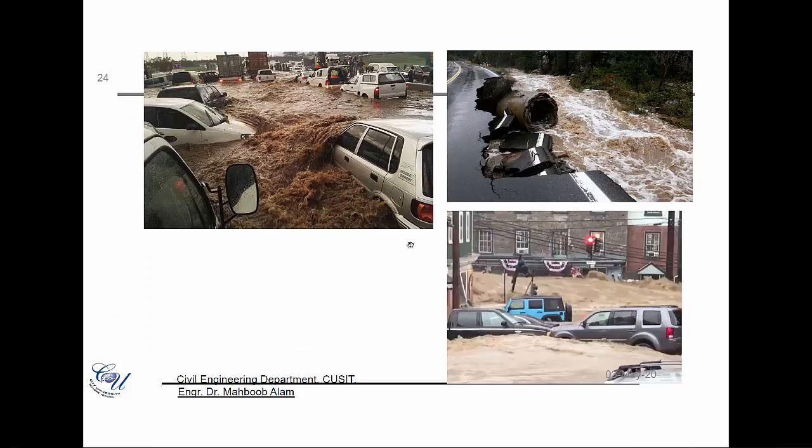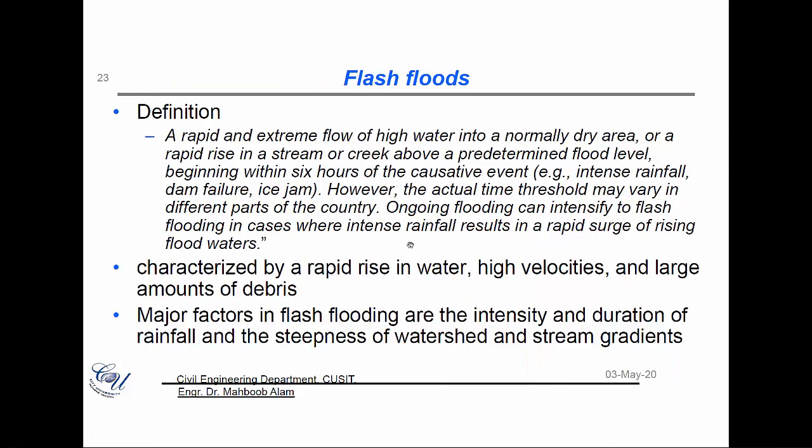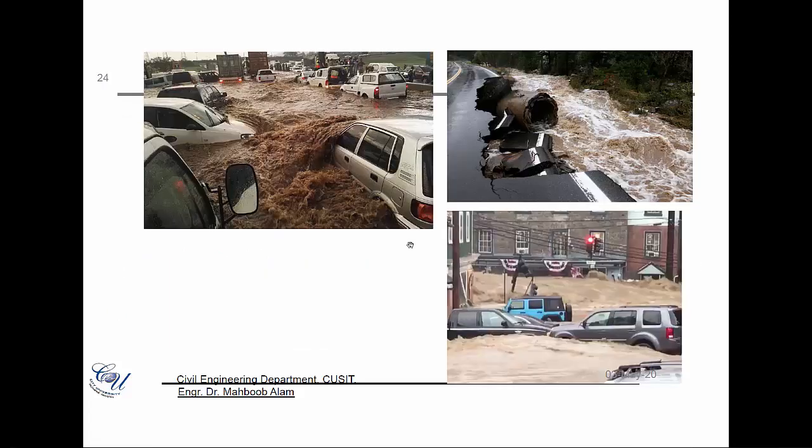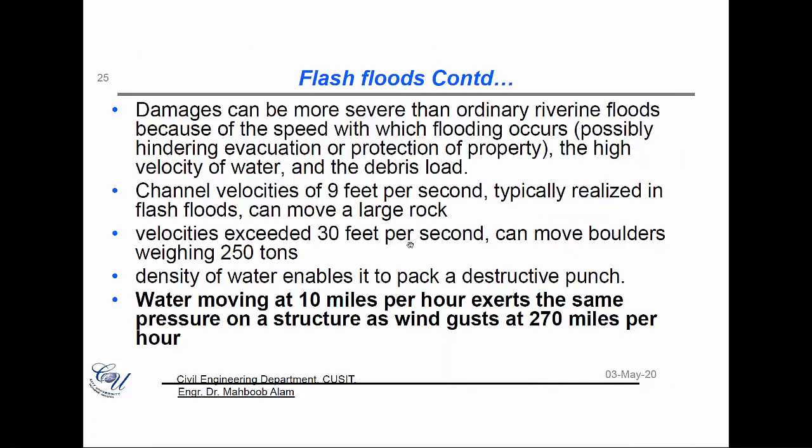Flash flooding can even occur in urban areas where infiltration capacity is very low, and if there is high intensity rainfall for just a couple of hours, within hours this precipitation changes into flood, because obviously the drains in urban areas have a certain capacity. If that capacity is exceeded, then all the water shows up on our roads and in our streets.